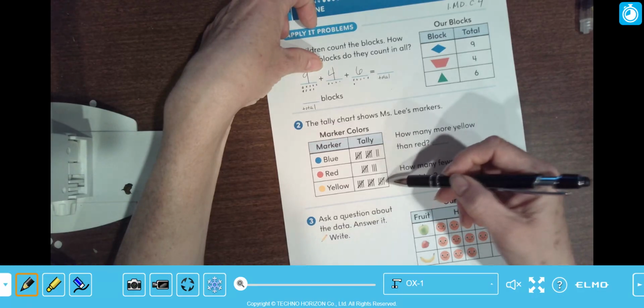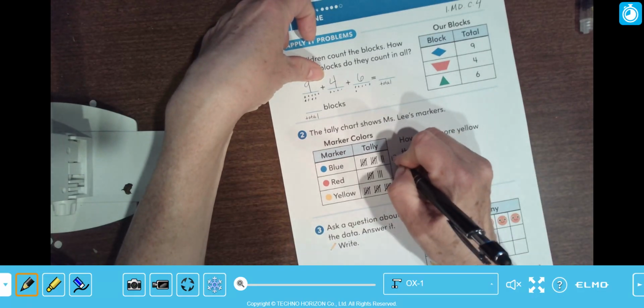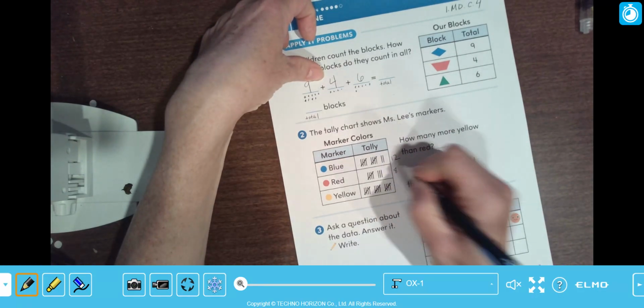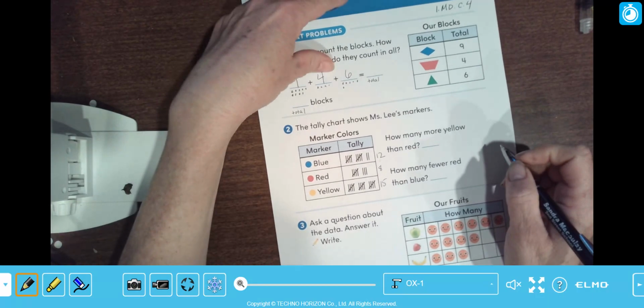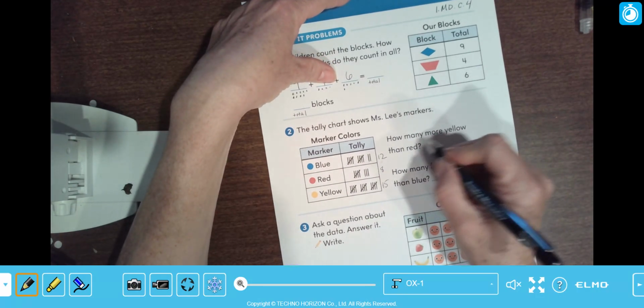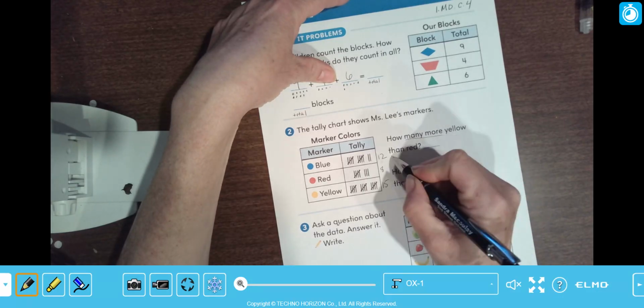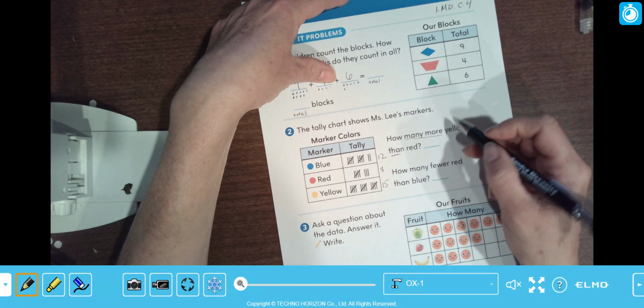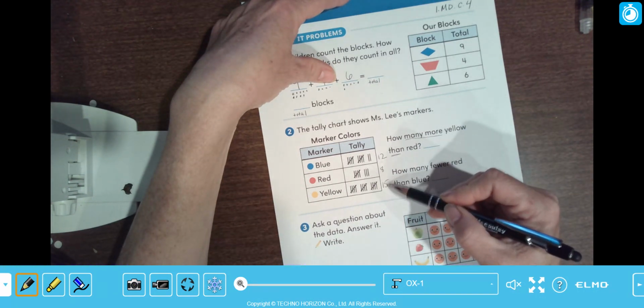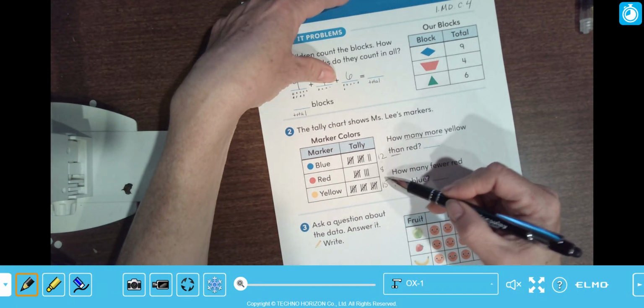So it says how many more yellow than red? So this is 12, this is 8, and this is 15. So if they want to know how many more yellow than red, anytime it says how many more, they want you to compare. So which one has more, yellow or red? Yeah, yellow, right?